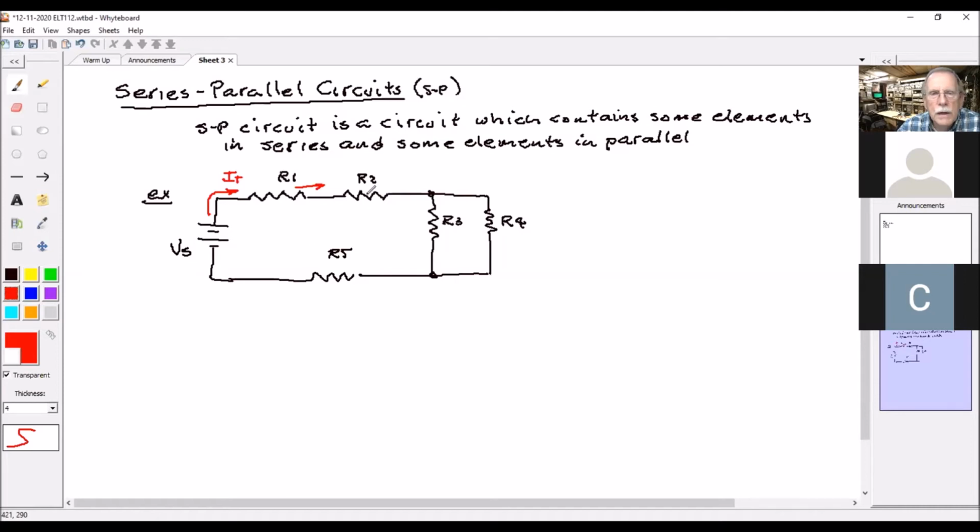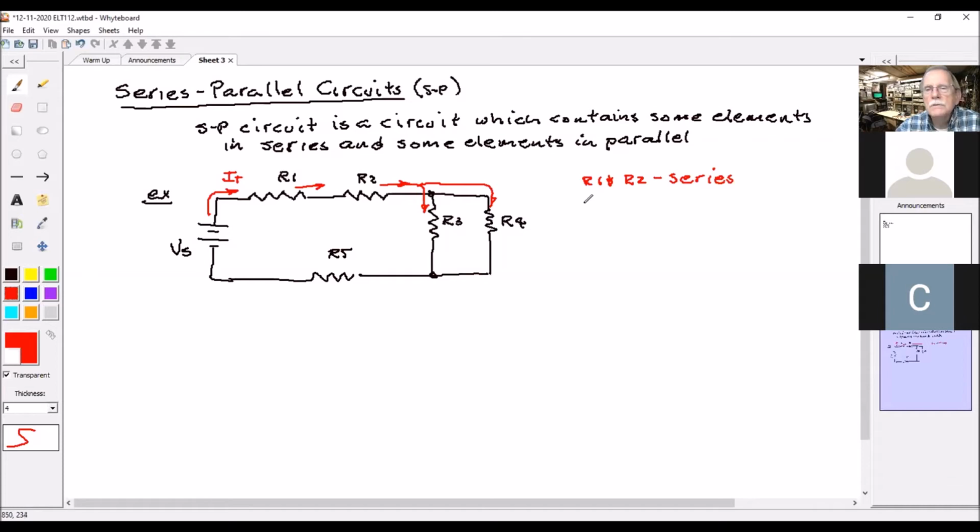Into R2. So what do you know about R1 and R2? They have the same current, so they're in series. But now what happens when it gets to this point right here? It splits. Part goes through R3 and part goes through R4.